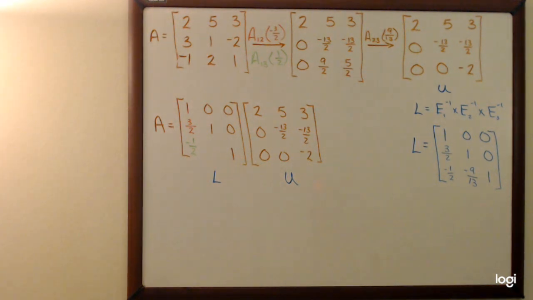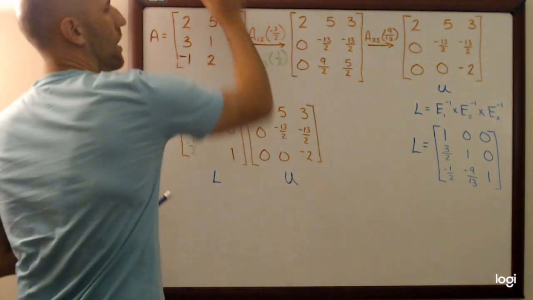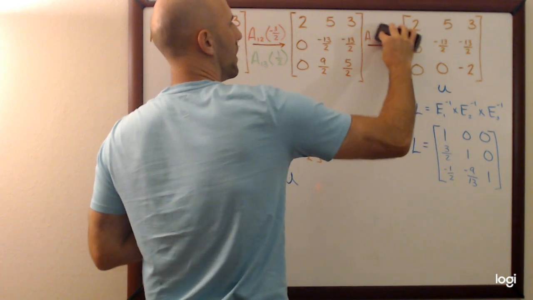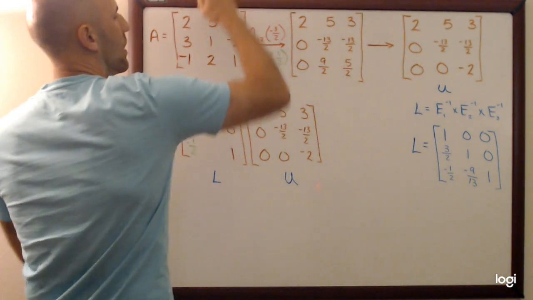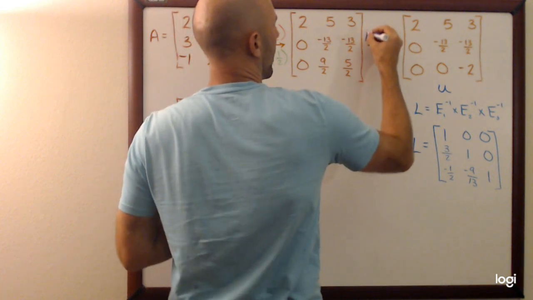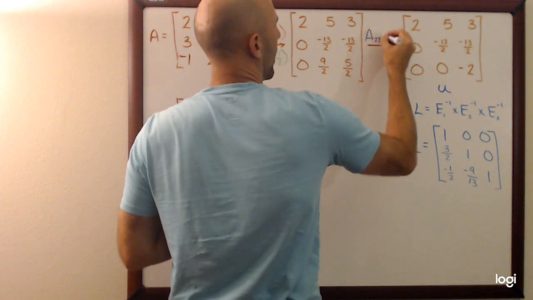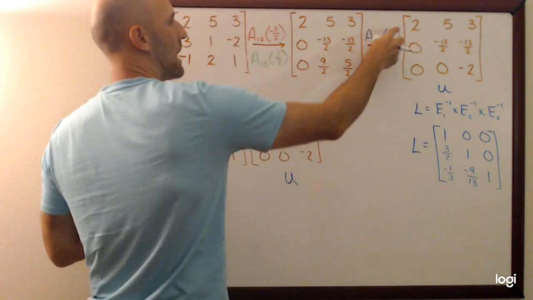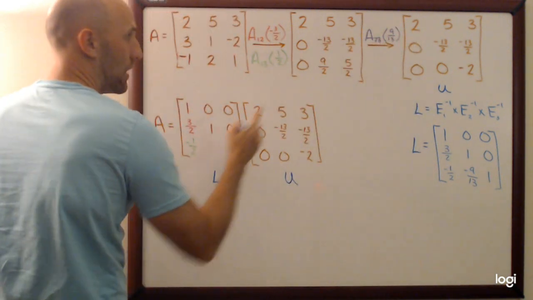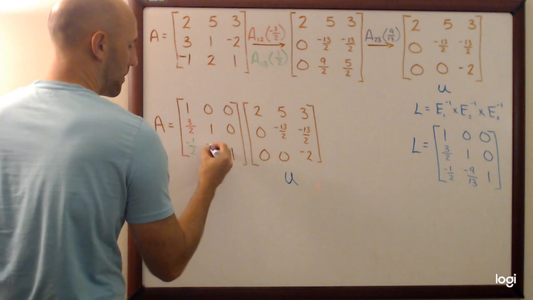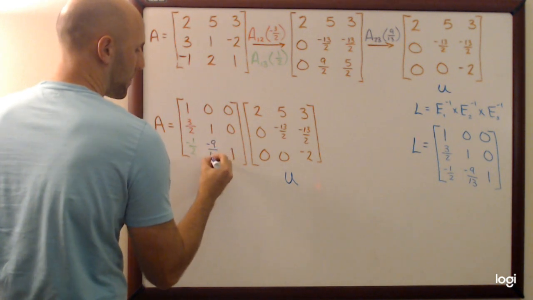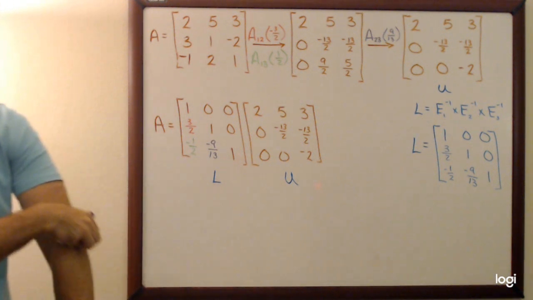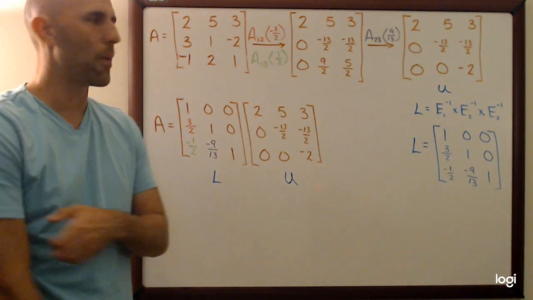And the last operation, A23 9/13, is going to put a negative 9/13 in the 3-2 position. So all the middle things I wrote are not really relevant. I don't have to do those.